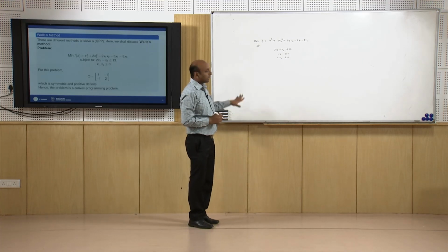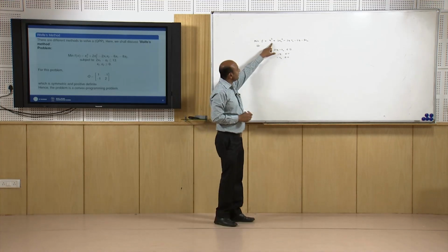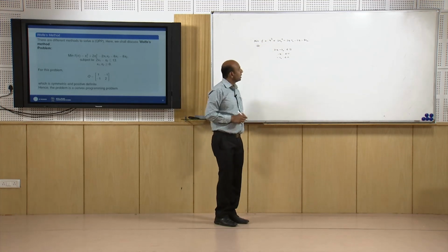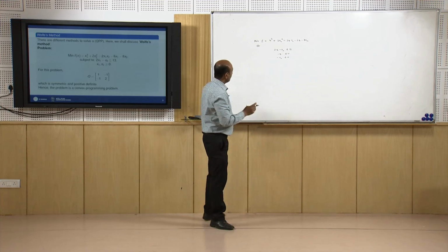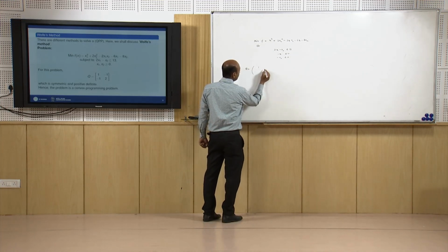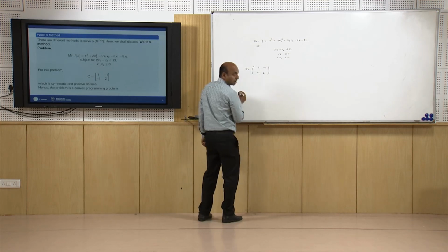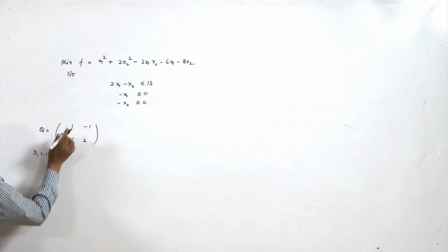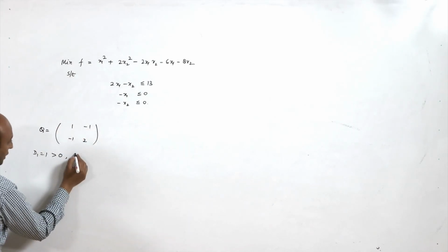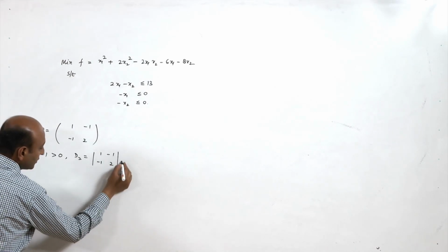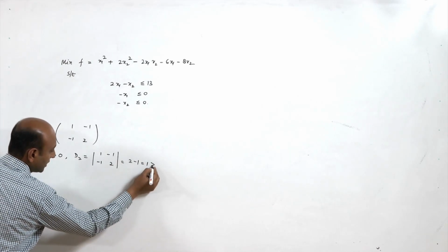First, it is a quadratic programming problem because the objective function is quadratic and all constraints are linear. Now, what is Q here? Q is 1, minus 1, minus 1, 2. If you check this Q, then D1 is 1, a 1 by 1 matrix with determinant 1, and D2 is the determinant of this matrix, which is 2 minus 1, which is 1, greater than 0.